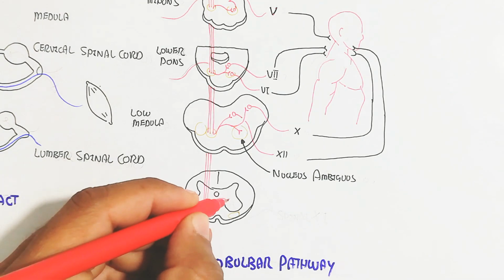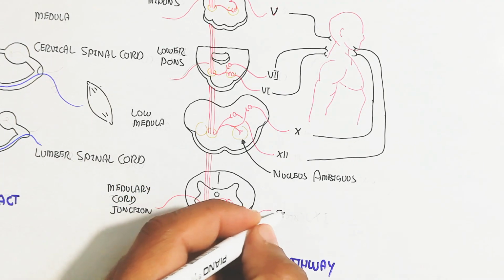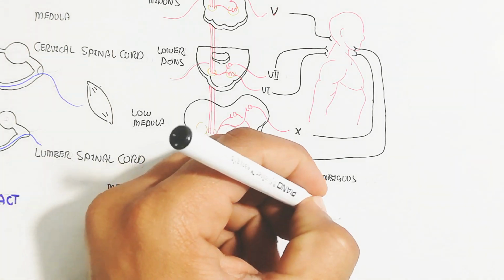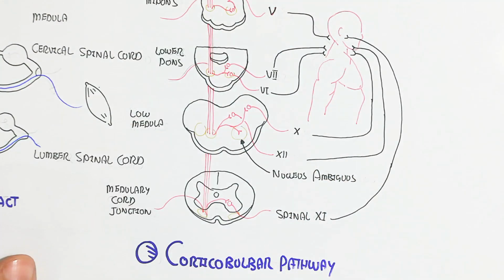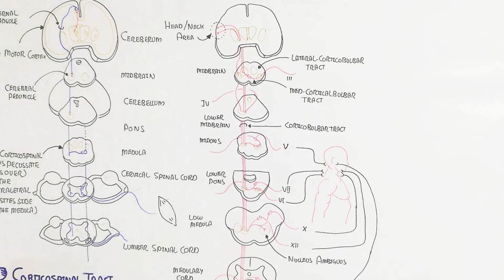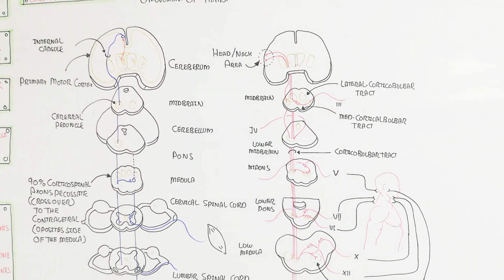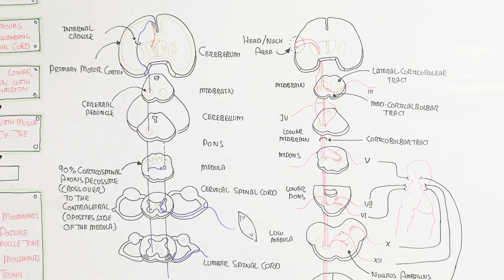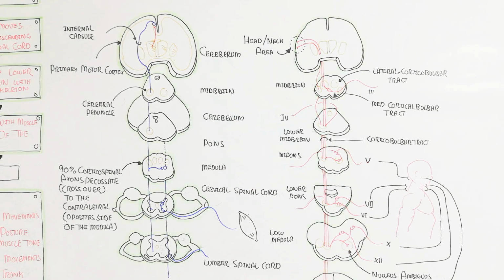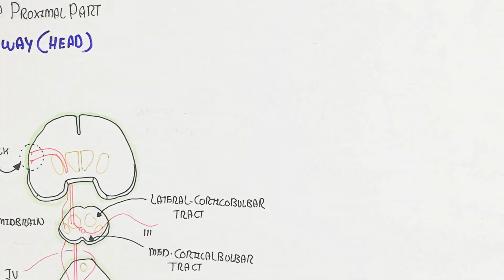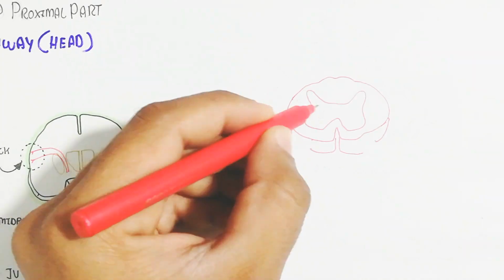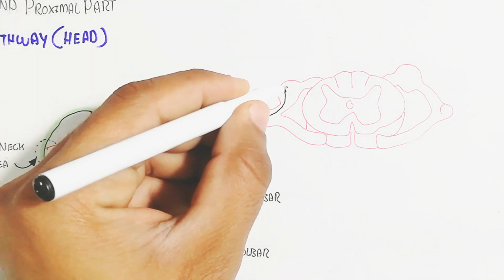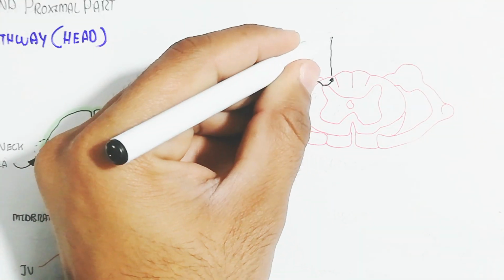And this is the medullary cord junction, and spinal nerve 11 is involved for the control from the medullary cord junction. The upper motor neuron leads to the true motor neuron at the neuromuscular junction to give the response by depolarization of the muscle cell, depolarization of the myofiber.